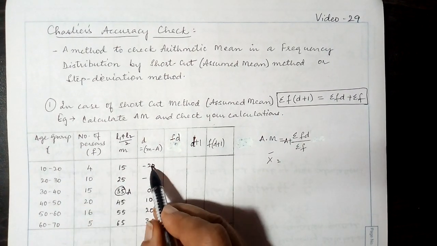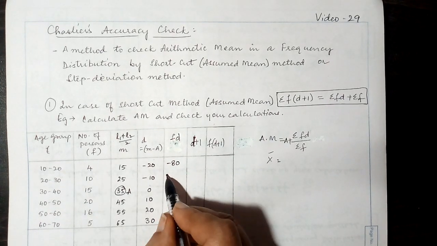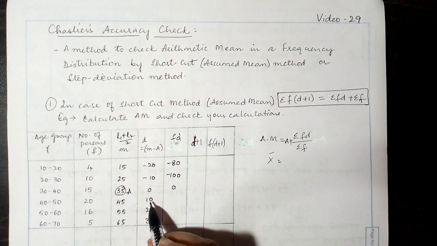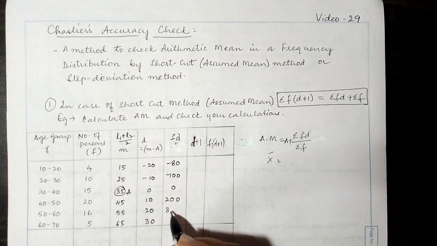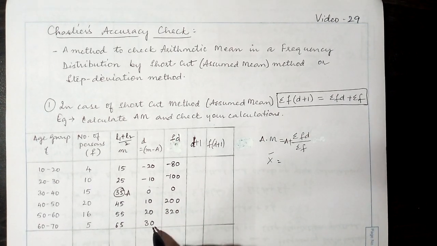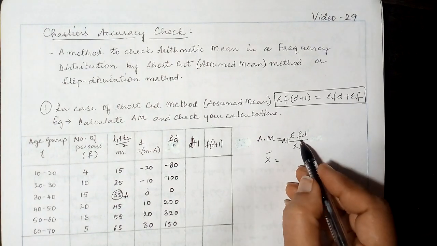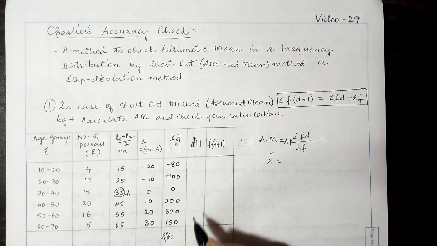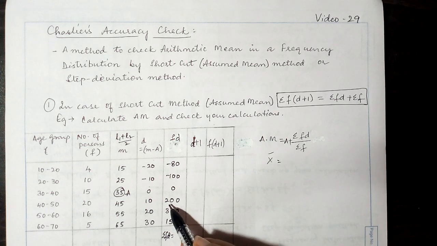So 4 into minus 20 gives us minus 80. 10 into minus 10 gives minus 100. 15 into 0, 0. 20 into 10, 200. 16 into 20, 320. 5 into 30, 150. Okay, now we need sigma fd. If you add all these positive values, we get 200, 520, 670.